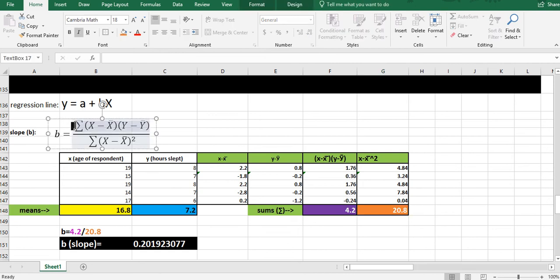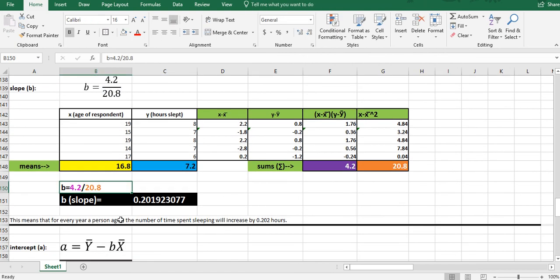Now we can just plug these into the equation. The sum of x minus the mean of x times y minus the mean of y, that sum is right here in purple. So 4.2. And then the sum of x minus the mean of x squared, that value is also right here for us in orange, 20.8.